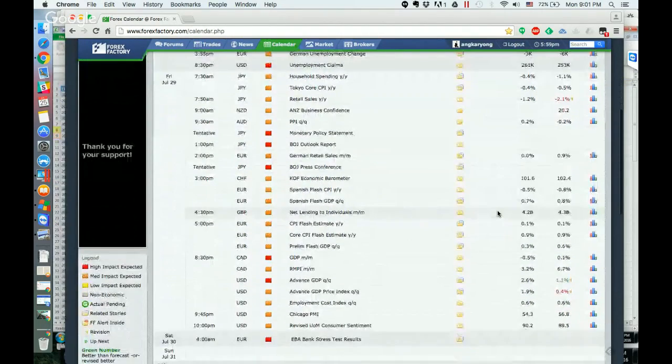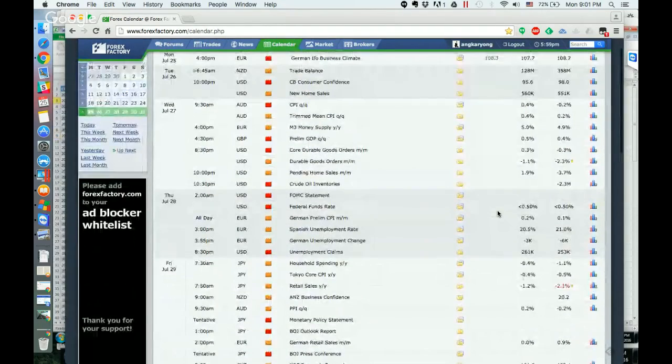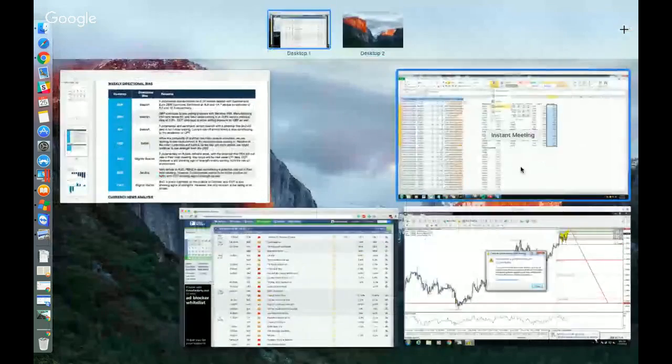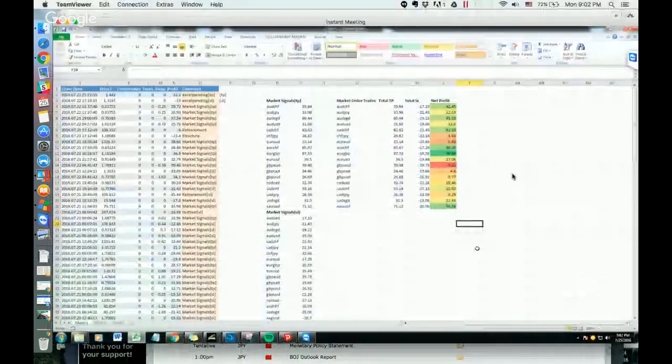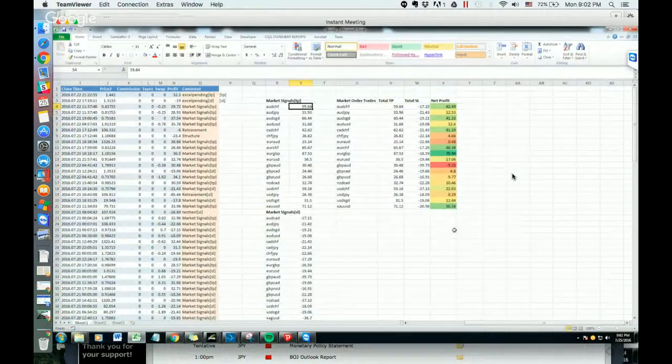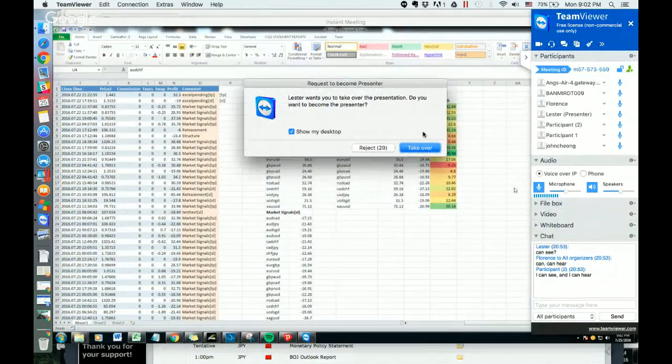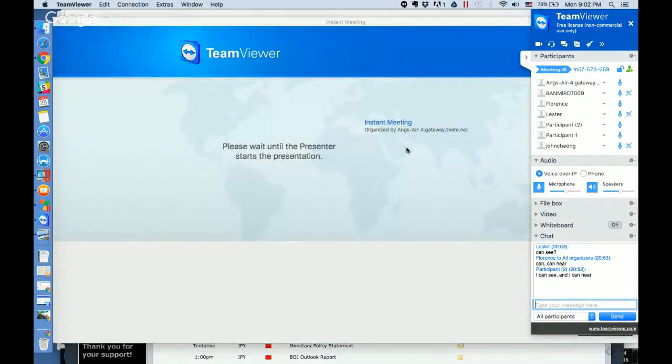Be more aware of the positions that you are running as well if you are trading on all these currency pairs. Other than that, nothing much. If not, then we can end this session.